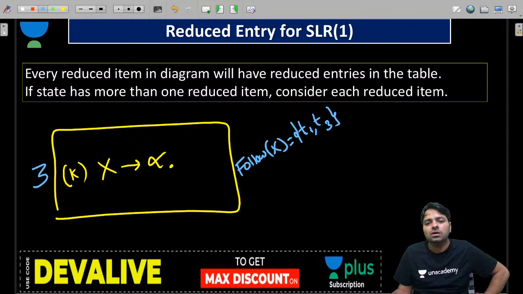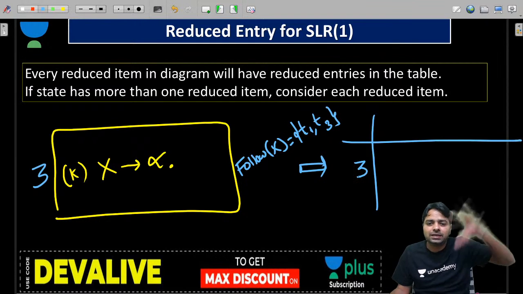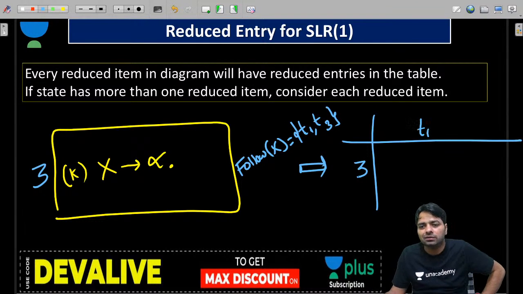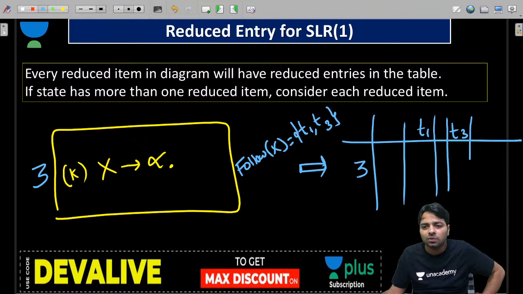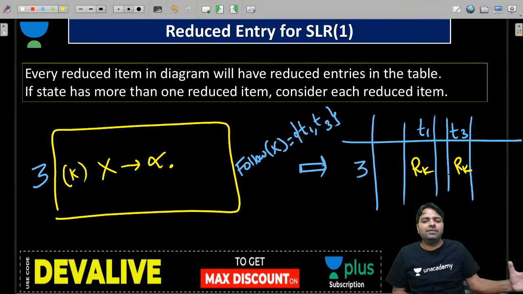Then you have to go to the table, row 3 because of the state, and under T1 and under T3 you have to write the production number, that is Rk is reduced.